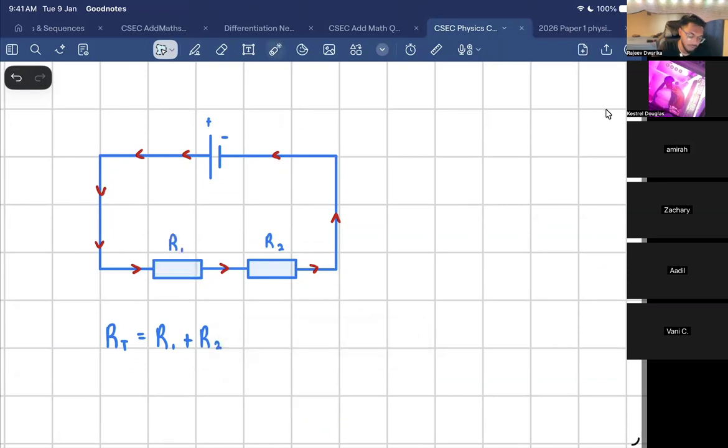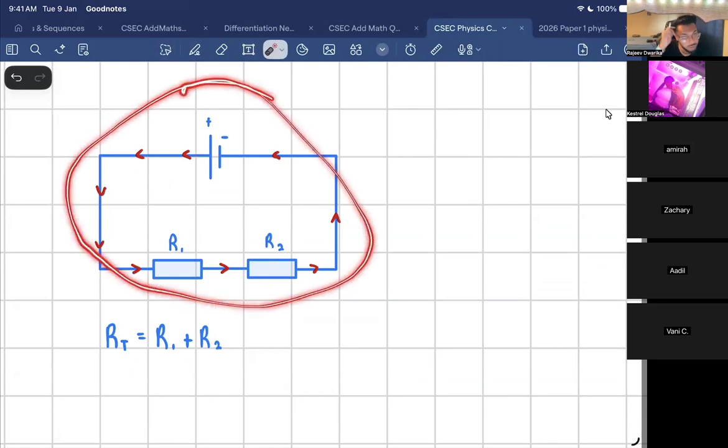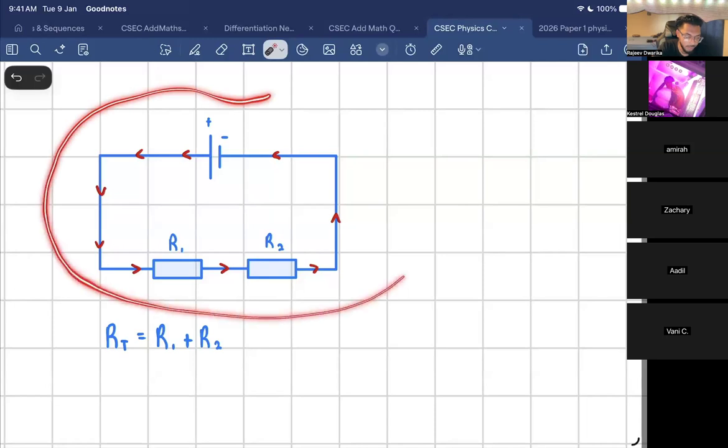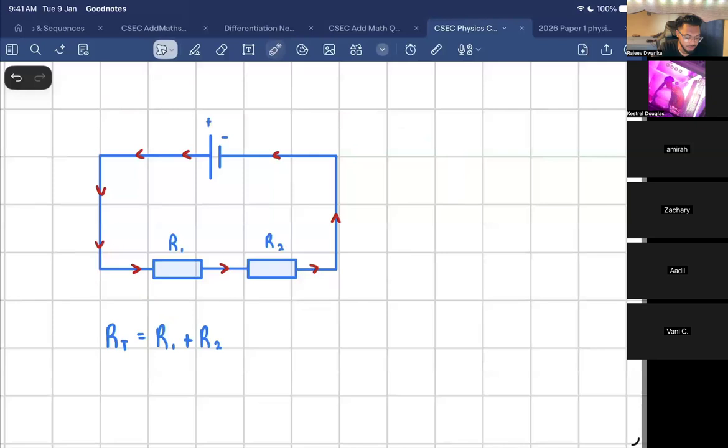Do you think you would use this kind of wiring to wire your house? No. Zachary, Amira, Adil, Vani, Nico, do you think you would use this type of wiring to wire your house? No, sir. Imagine your fridge stops working and your whole house stops working. Imagine one of the bulbs in your house blows and your whole power stops working. Like everything just stops working.